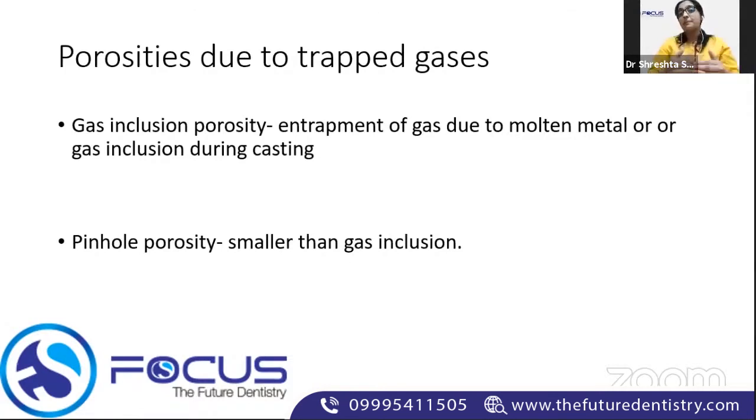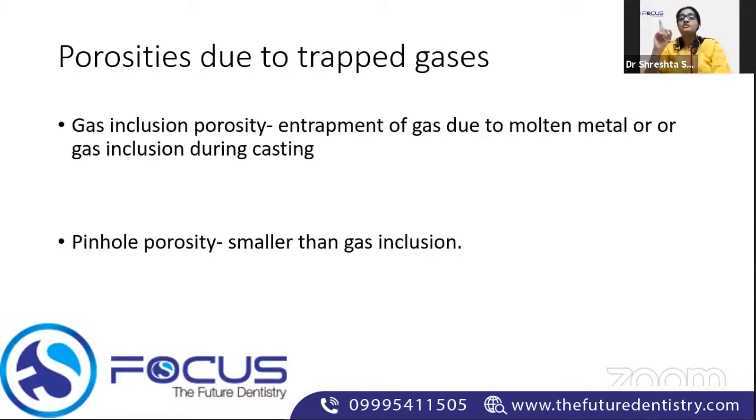Now, the next type due to trapped gases is gas inclusion porosity and pinhole porosity. Both of them are similar. Both of them happen due to either of two reasons: either you have an entrapment of gas which is released from the molten metal, or you have gas entrapment caused during casting which cannot escape out from the investment.